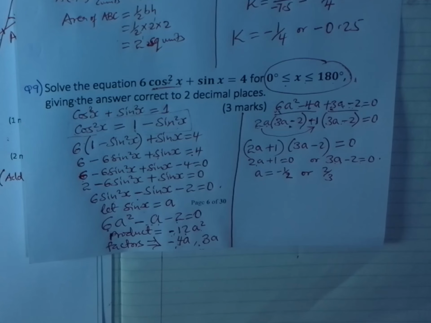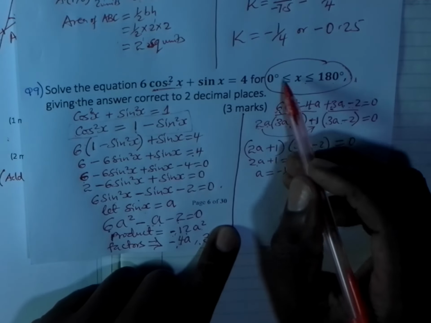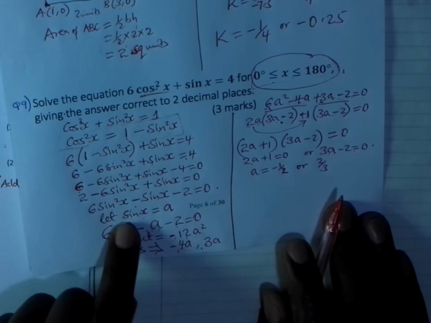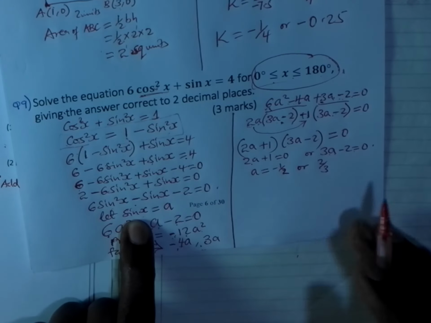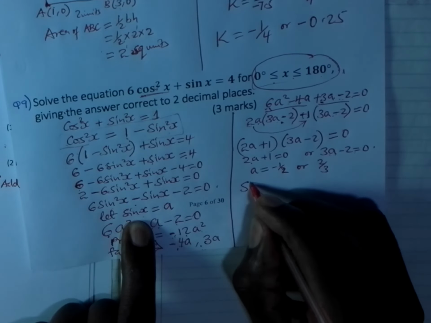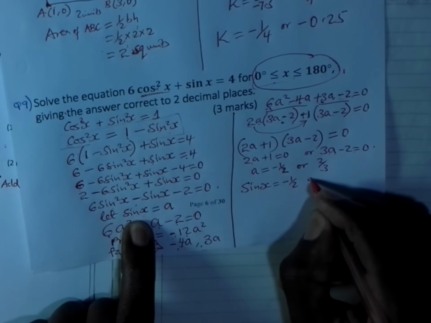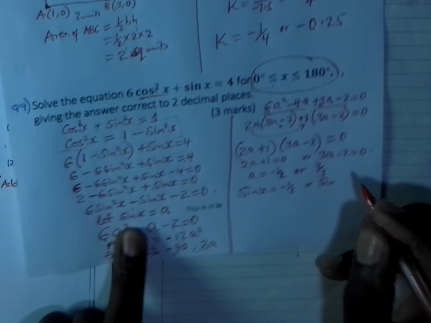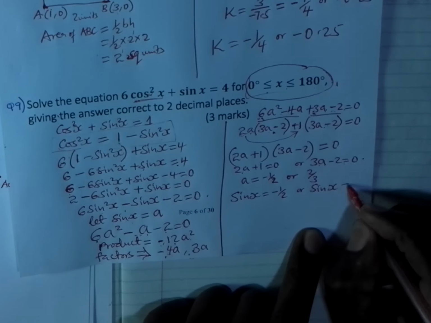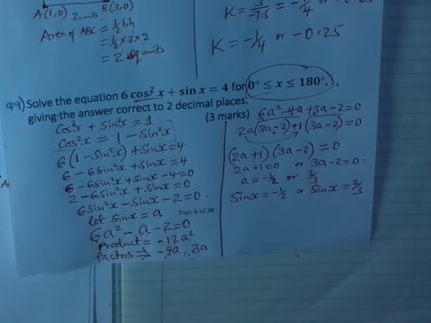But from the given range, we know that we said let sin x be a. That means sin x is equal to minus a half, or sin x is equal to 2/3.